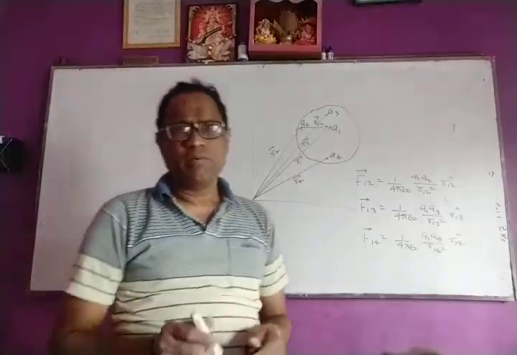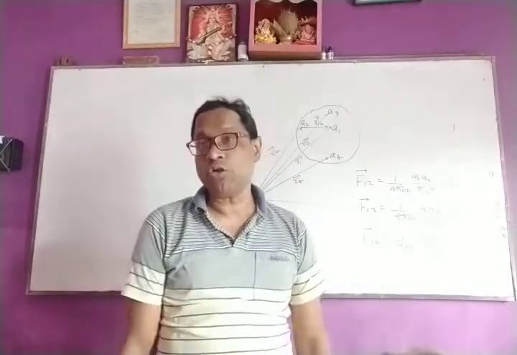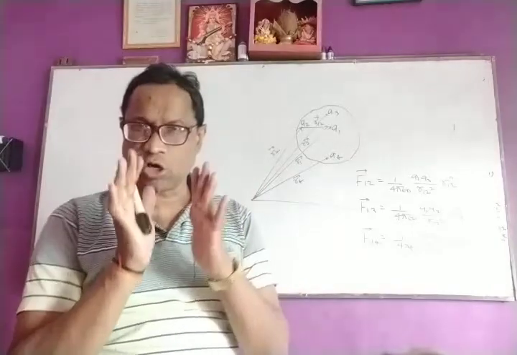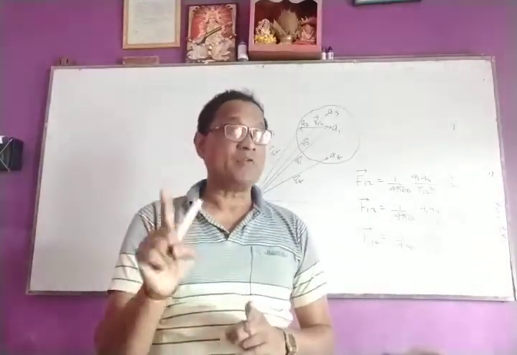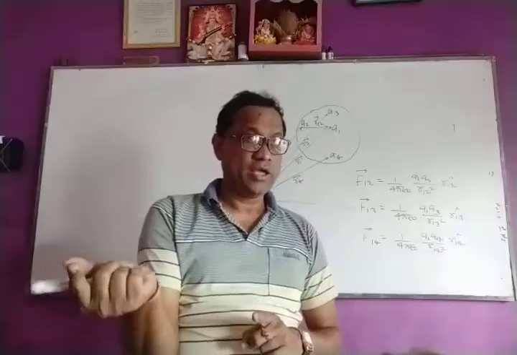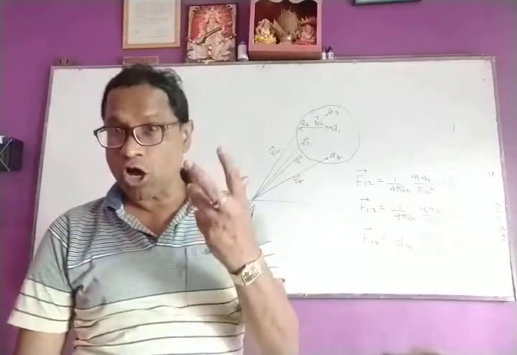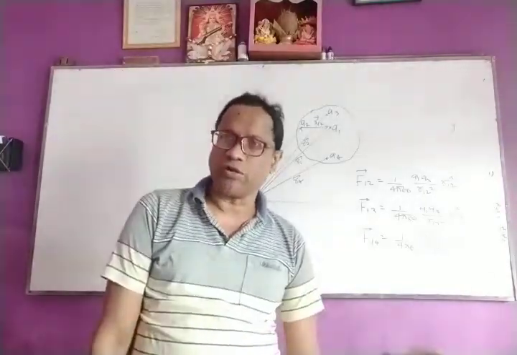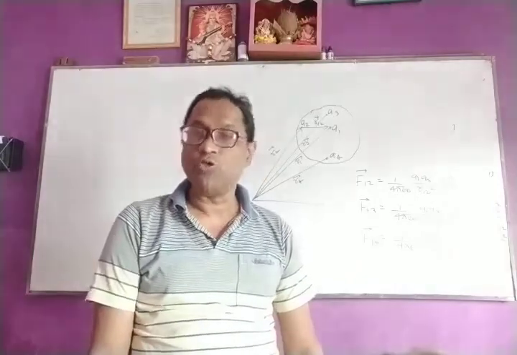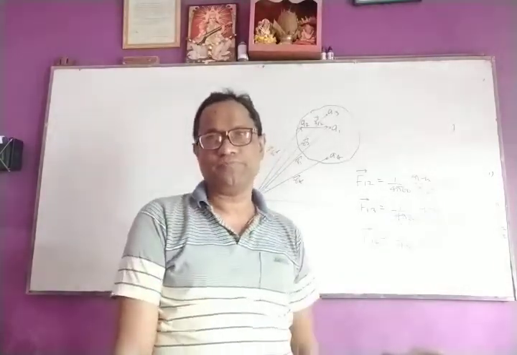Clear? Similarly we can write F15 is equal to 1 by 4 pi epsilon naught q1 into q5 by r15 whole square into r15 cap. What is the meaning of r15 cap? The position of q1 with respect to q5.